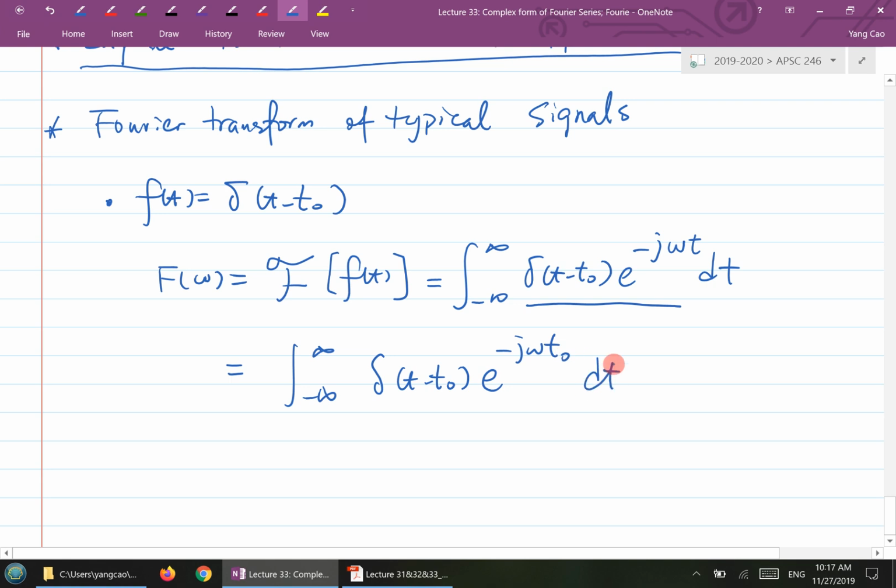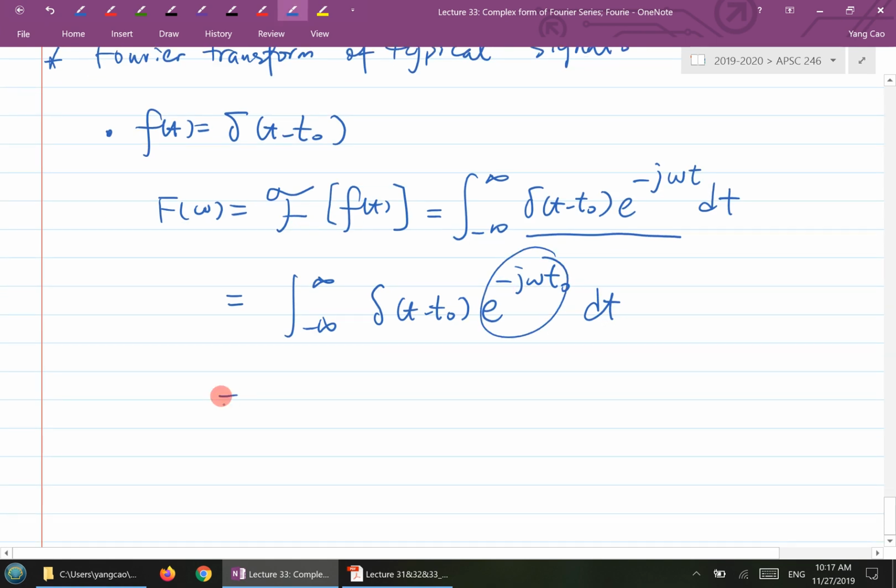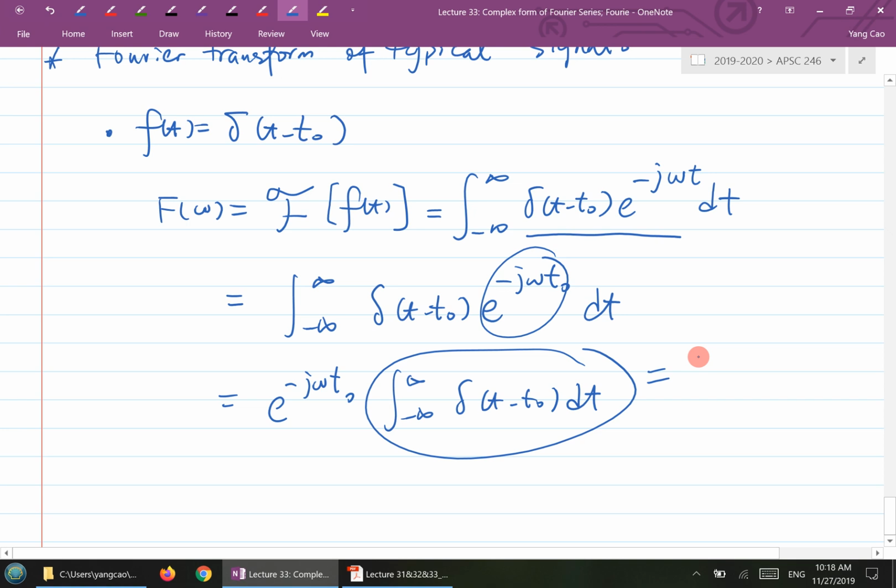I can take this term out of the integrand, and you're left with just the integral of the impulse function. When you integrate from negative infinity to positive infinity, the area underneath the impulse function is always equal to 1, right? So you end up with just this. This is the Fourier transform of the shifted impulse function.